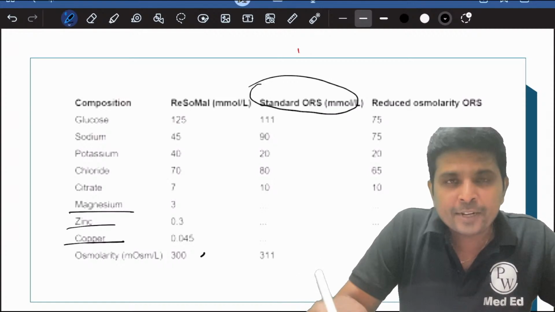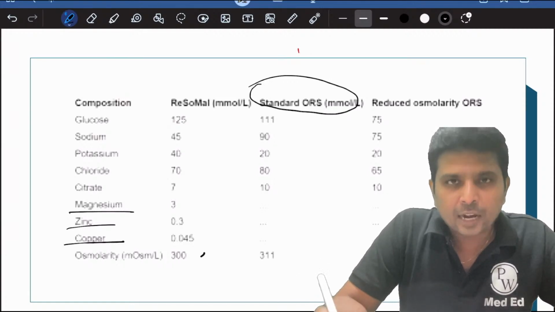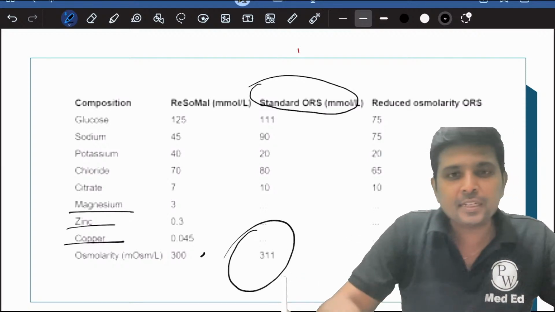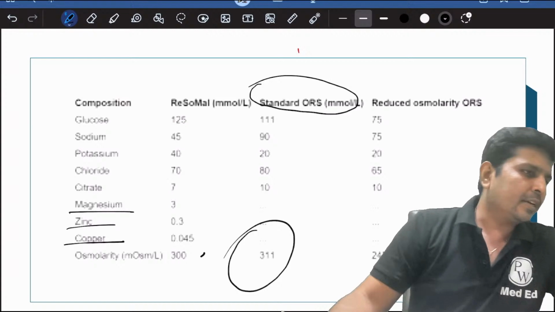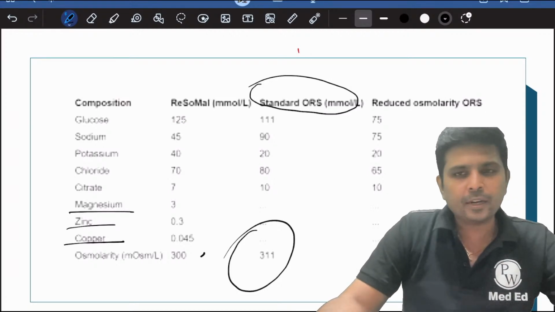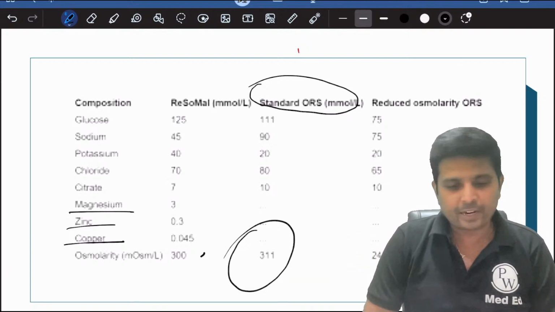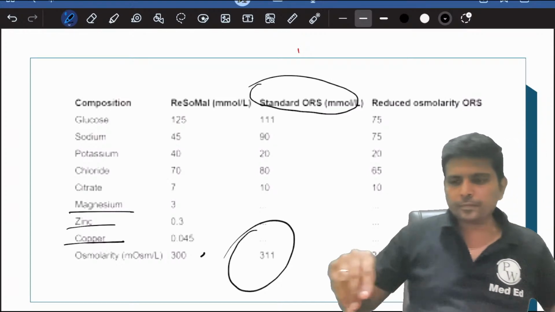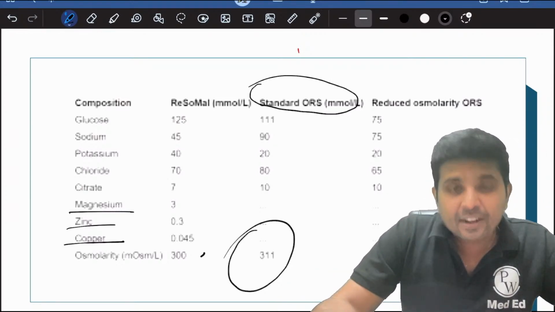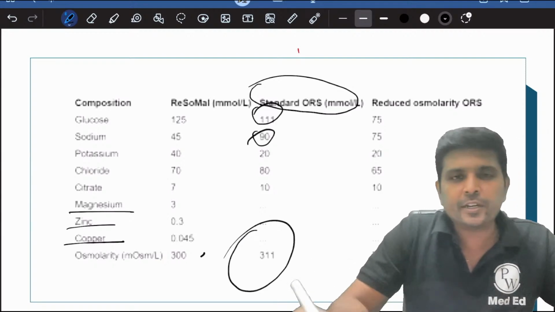It is mainly meant to treat cholera, where the osmolality of secreted stool is high, so that the osmolality is 311 milliosmol per kilogram, in which the glucose secretion is high and sodium secretion is high.